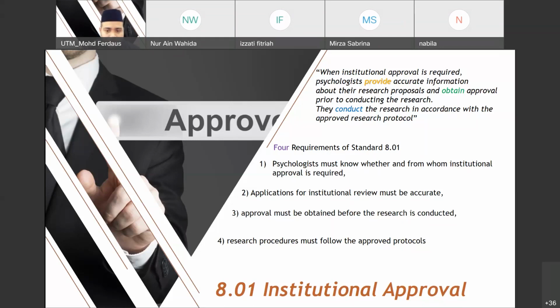You might think you only need to ask approval from the school authority itself, or maybe the headmaster or the principal of the school.